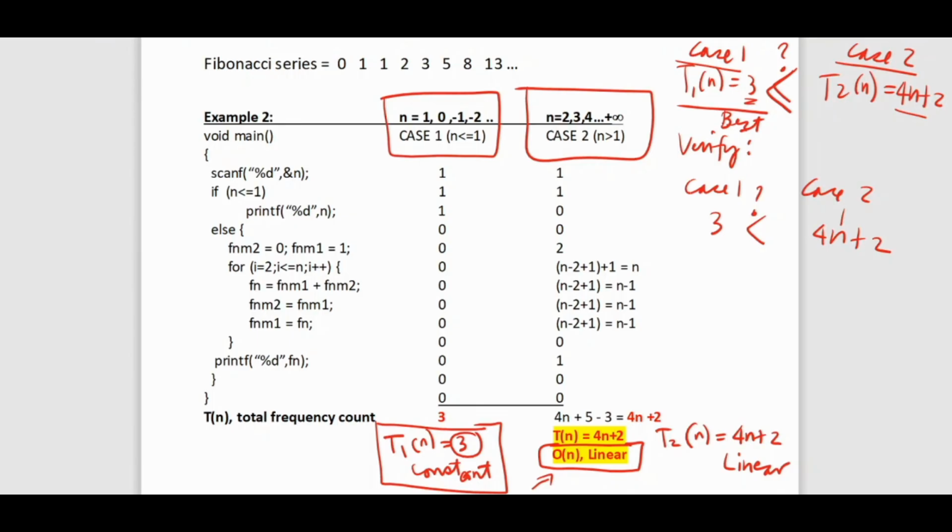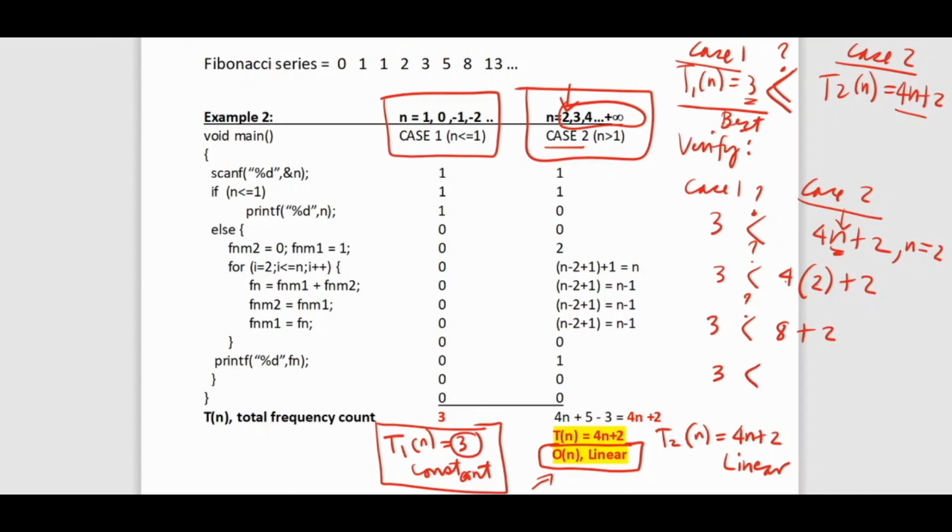Now, n is a variable, so we need to substitute a value in place of the variable n. Now, this is case 2, so take note that the values of n for case 2 is from 2 up to positive infinity. So let's say we take the smallest value, which is 2. So this will now be 3. Is it less than 4? n is equal to 2. So substitute 2 here. So 3. Is it less than 4 times 2 is 8 plus 2?